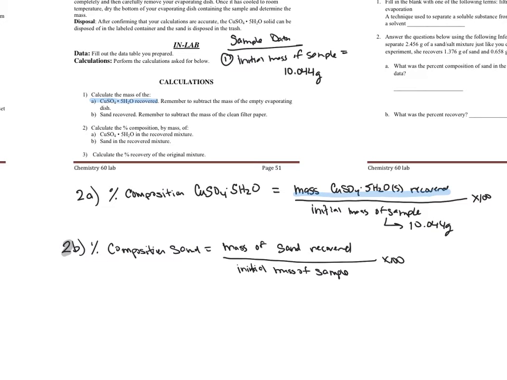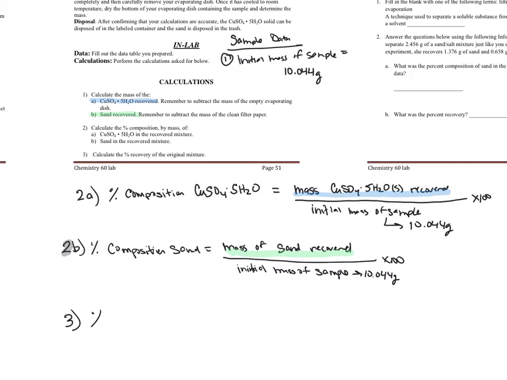So the initial mass of sample, again, my number is 10.044 grams. Yours is going to be different. Use your student data. The mass of the sand recovered will be your answer from 1B. And significant figures are important even for a percent.